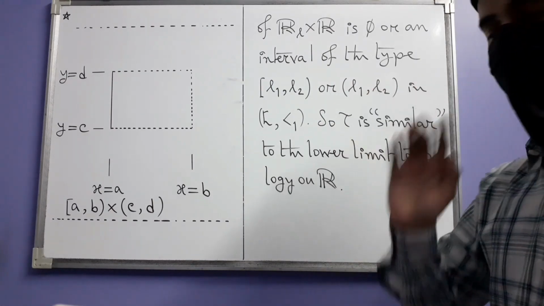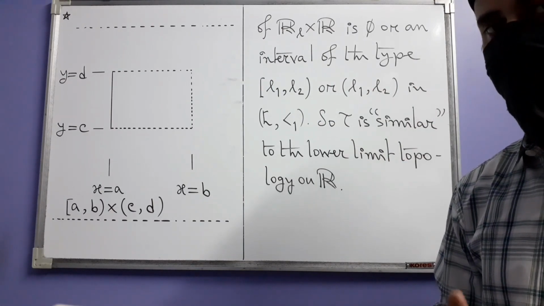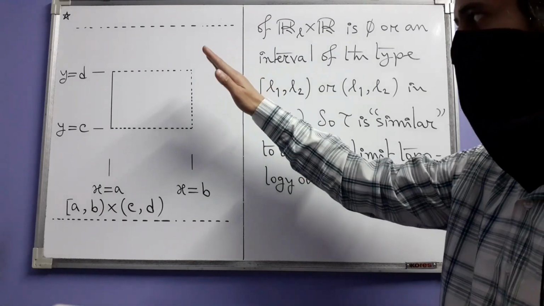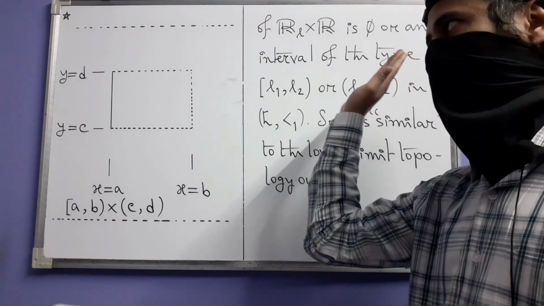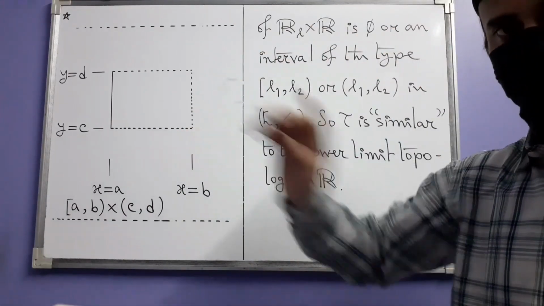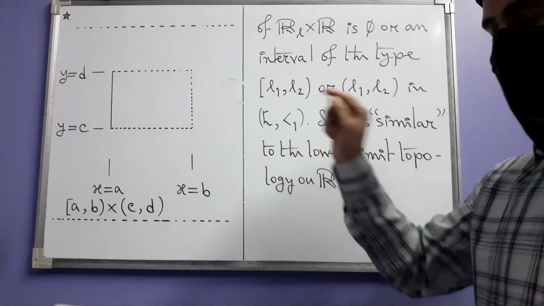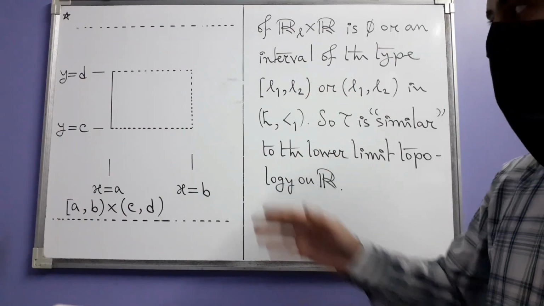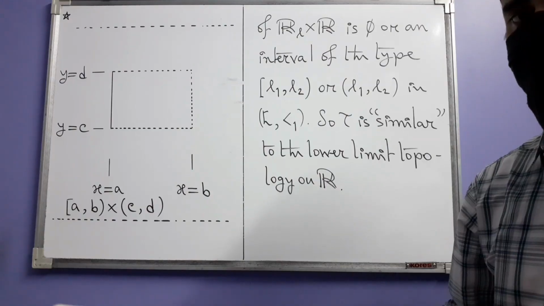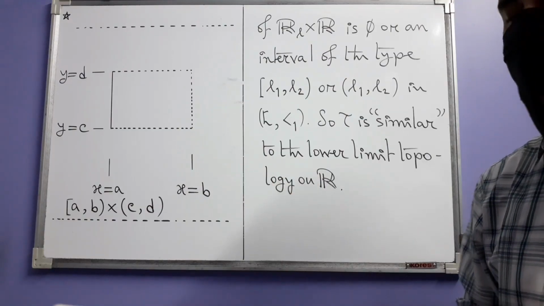And now we come to our line. Our line is given to be non-vertical. So it may have negative slope or positive slope. And also it may be situated anywhere with respect to this basis element. So now we will look at the possible cases of how L may or may not intersect this basis element.